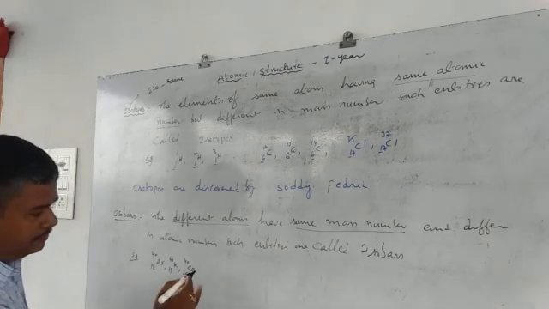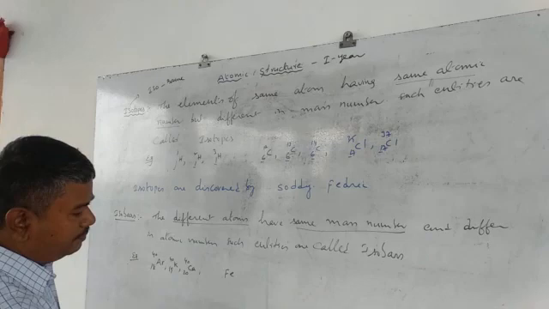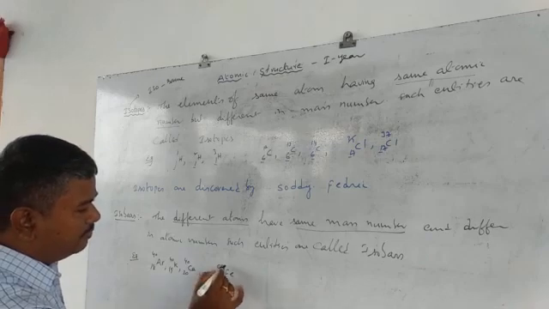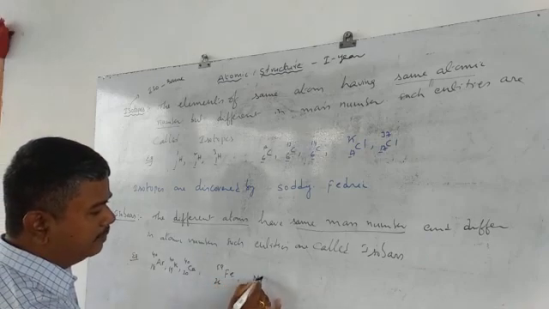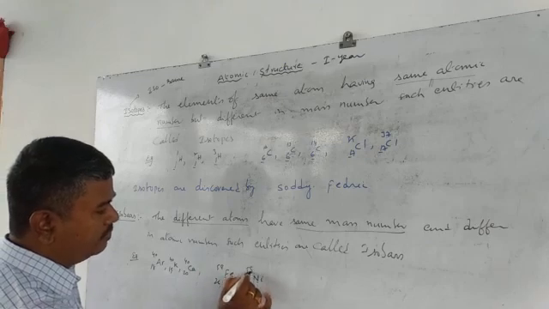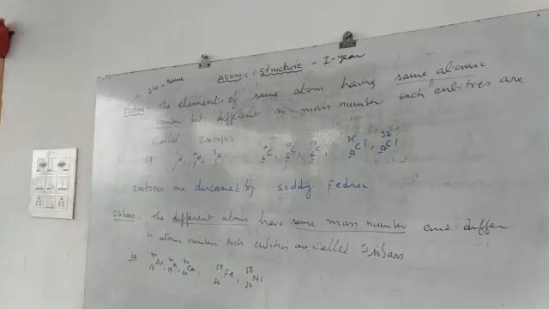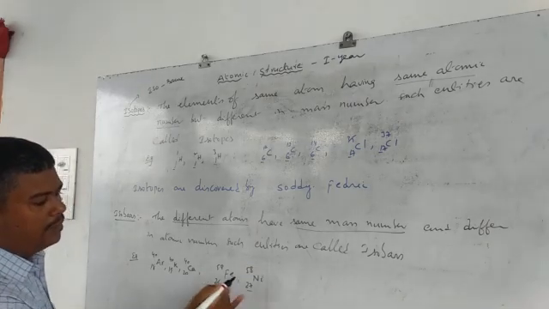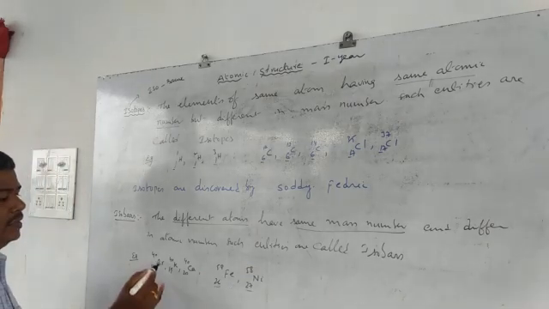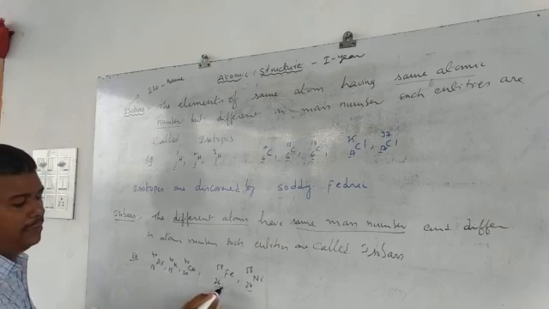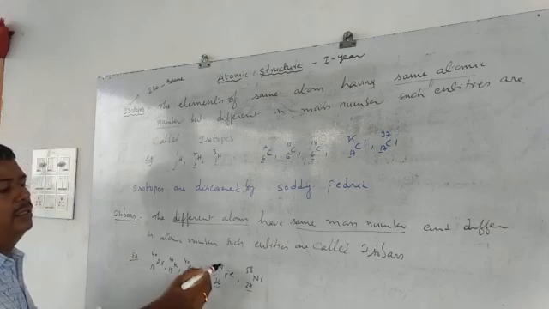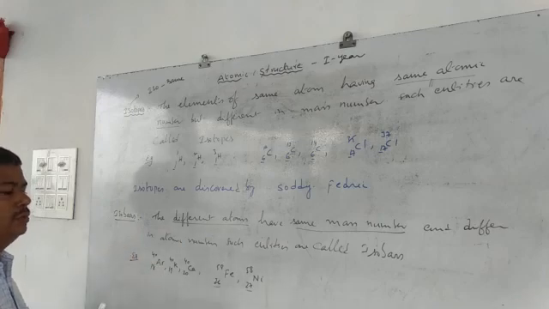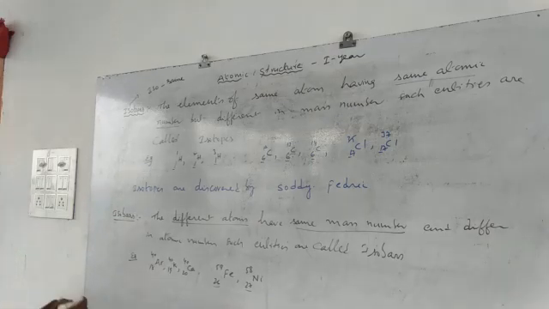As well as iron 26-58 and nickel 27-58. Here also the atomic numbers are different, and the mass numbers are the same. So if atoms are like that, then those are said to be which one? Isobars.